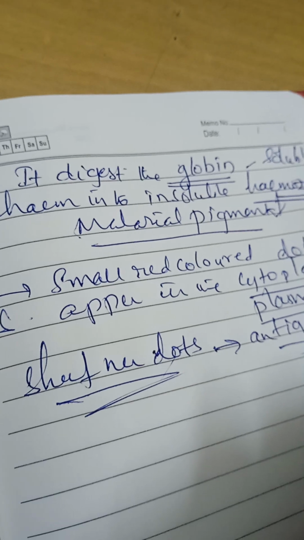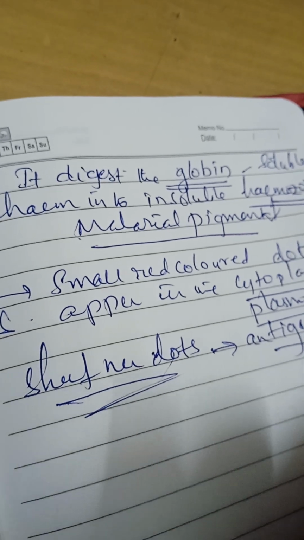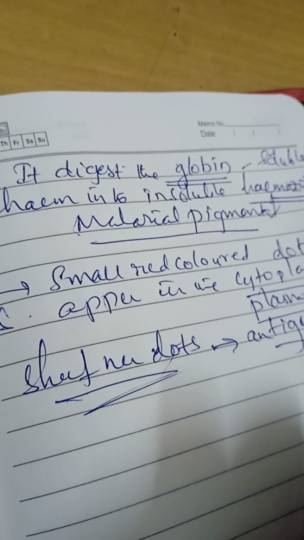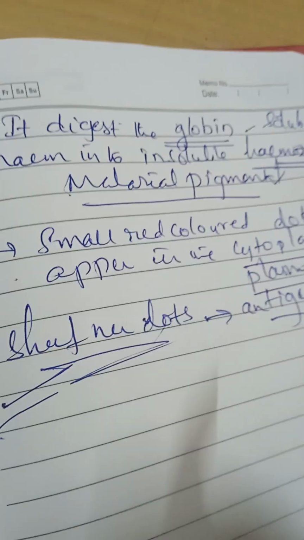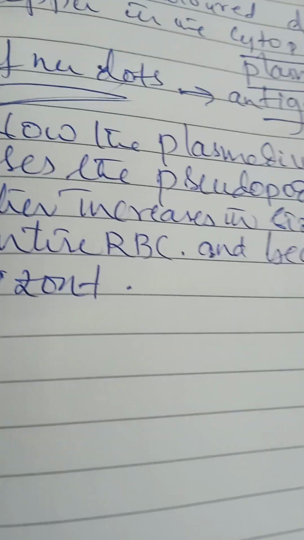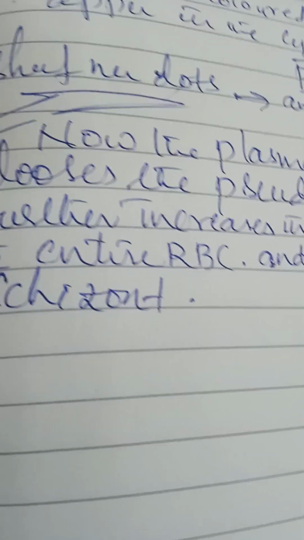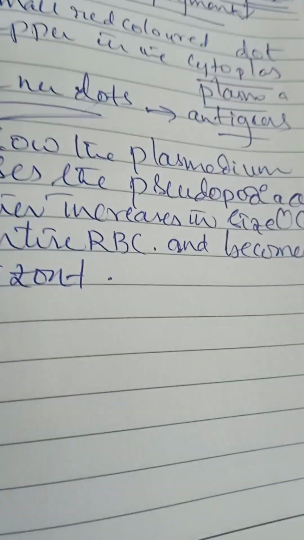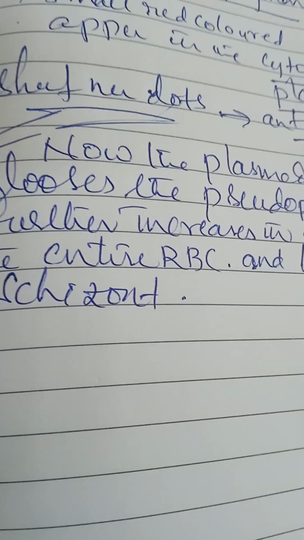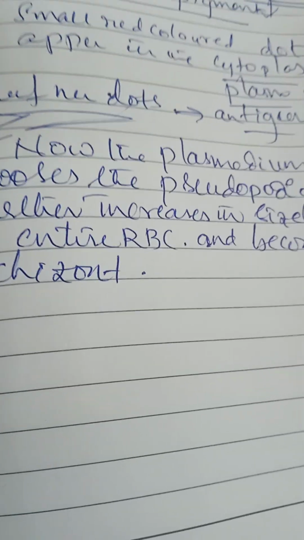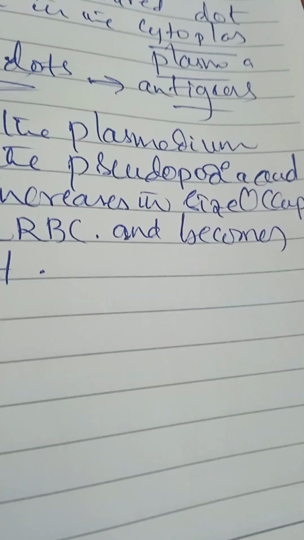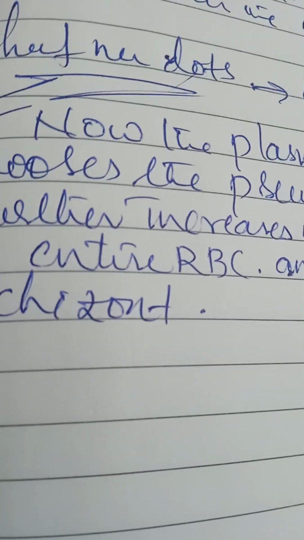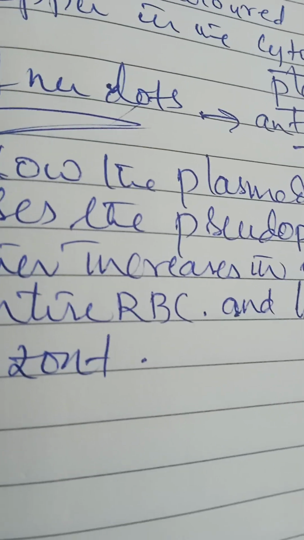Then the plasmodium loses the pseudopodia, further increases in size, and occupies the entire RBC. This stage is called the giant.